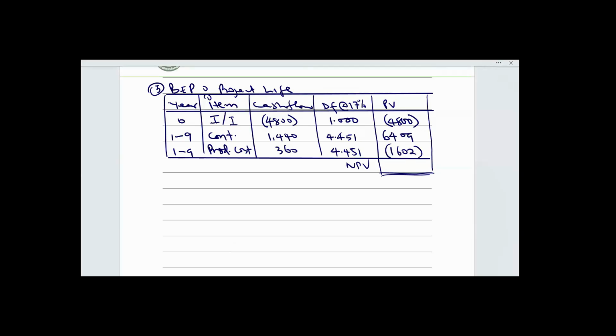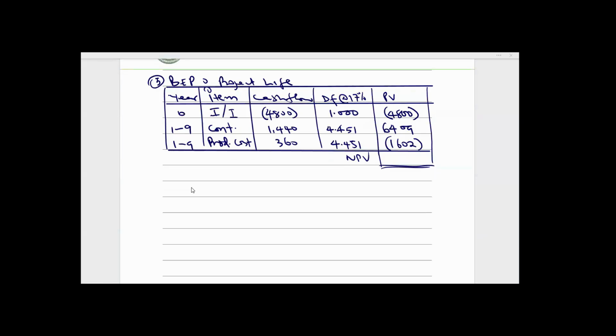So 6409 minus 1602 minus 48. 6409 minus 1602, 7. You said 7, right? Okay. Yes, that's positive 7.